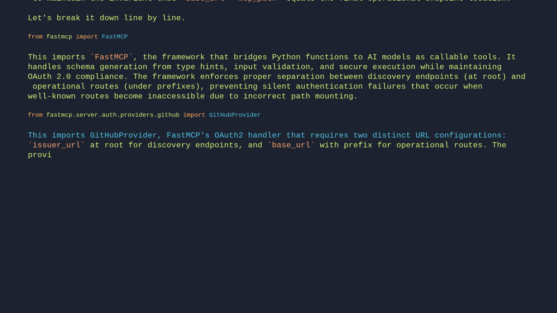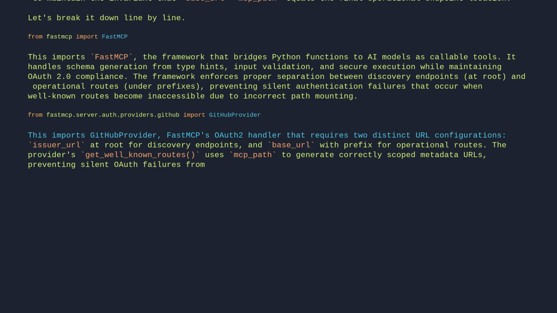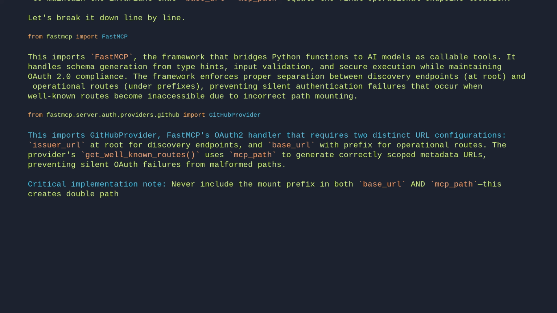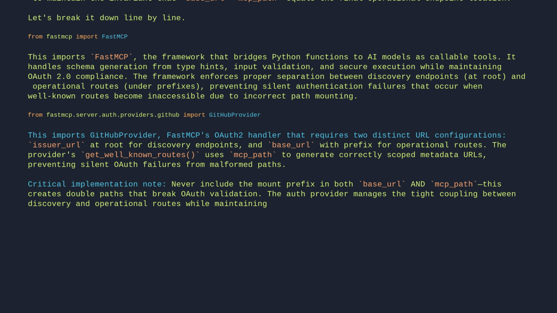The provider's get_well_known_routes uses MCP path to generate correctly scoped metadata URLs, preventing silent OAuth failures from malformed paths. Critical implementation note: never include the mount prefix in both base URL and MCP path. This creates double paths that break OAuth validation. The auth provider manages the tight coupling between discovery and operational routes while maintaining a unified API surface under the shared prefix.